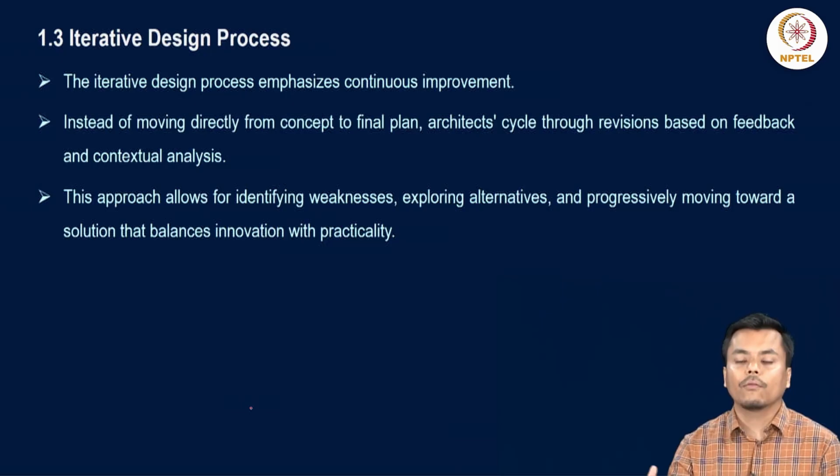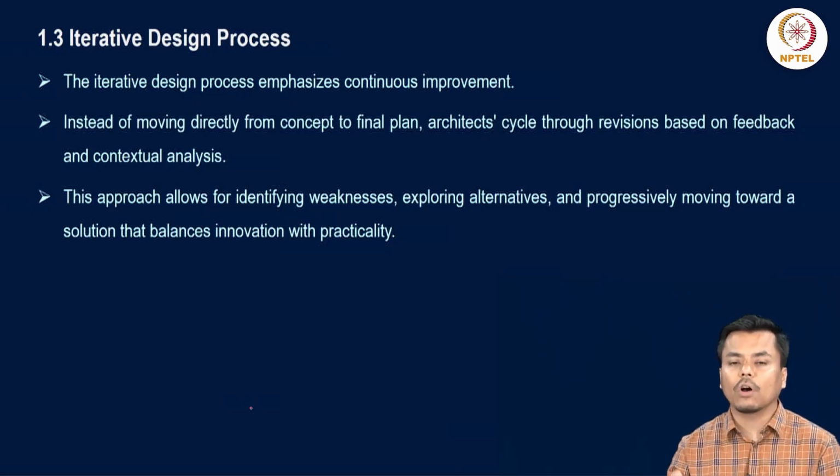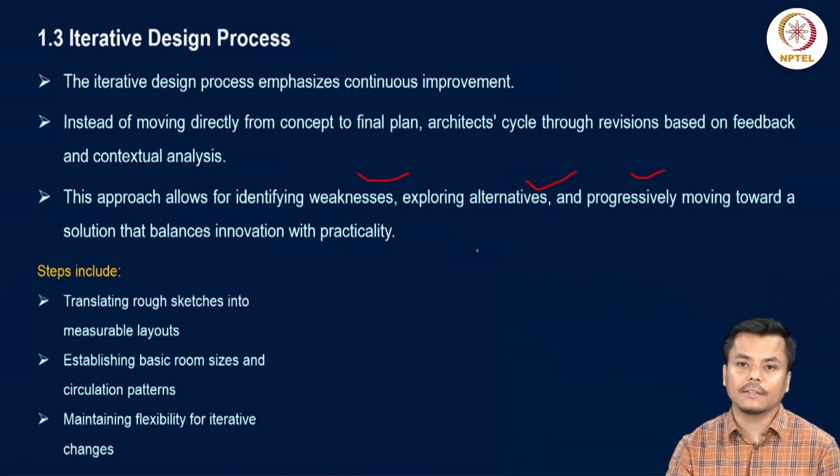As you formalize your single line floor plan into a double line floor plan, there are always some changes that will happen during the process. So you have to go back and forth while you complete the double line floor plan. This approach helps in identifying weaknesses, exploring alternatives and progressively moving towards the solution that balances innovation as well as practicality.